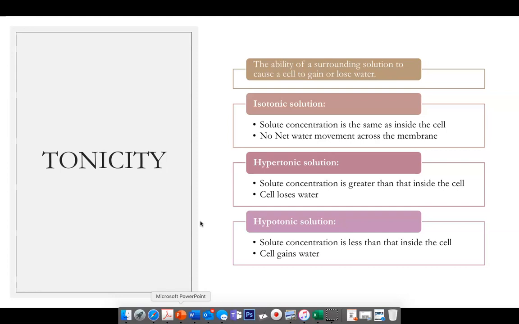So there's less solute outside of the cell than inside, which means that the outside solution has more water. And so again, water moves from high to low. So the water will move from the environment to the cell. So the environment solution is hypotonic to the cell, but the cell is hypertonic to the environment. Okay.